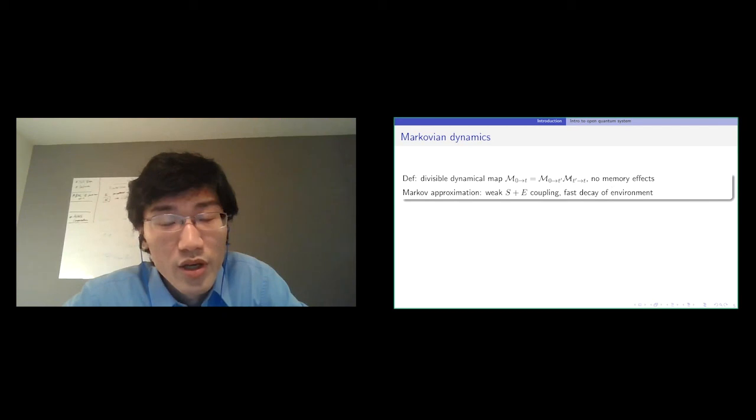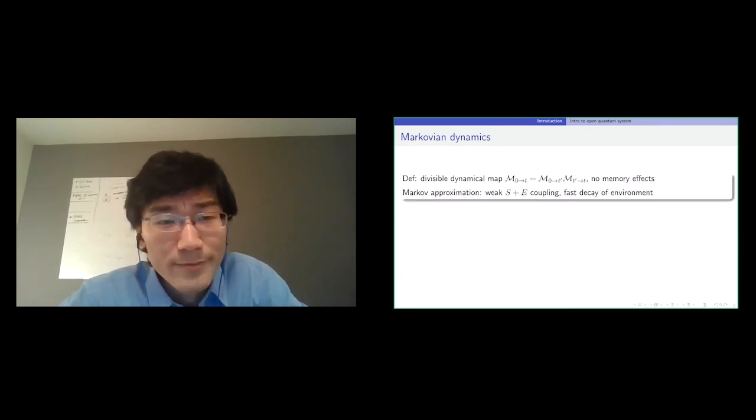For example, the second map from t prime to t does not depend on anything that happens from 0 to t prime. Usually this Markov approximation works very well when the system-environment coupling is pretty weak, and also the environment has fast decaying correlations, so that the memory effect is very short.